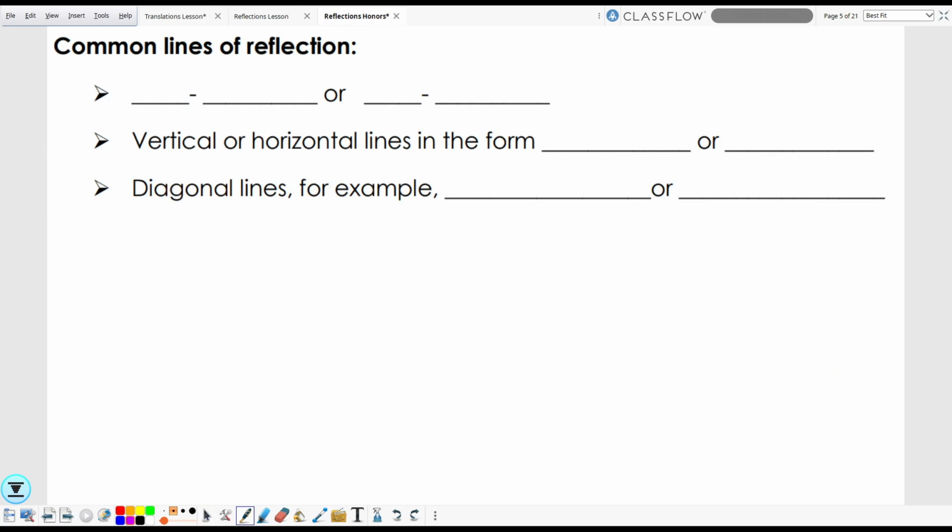So, common lines of reflection. We already saw the one in the last picture was the y-axis. It's very common, and so is the x-axis. Two very common lines of reflection. Also any horizontal or vertical lines. So we'll get some equations like x equals some number, or y equals some number.